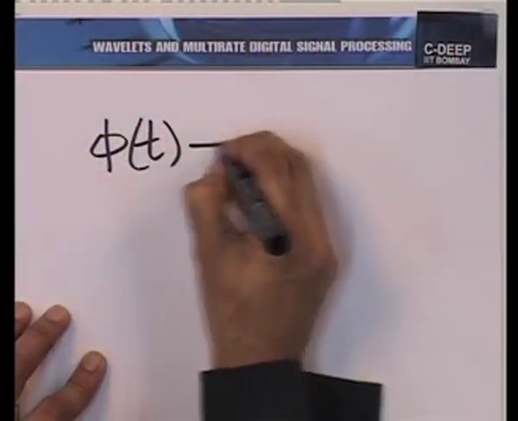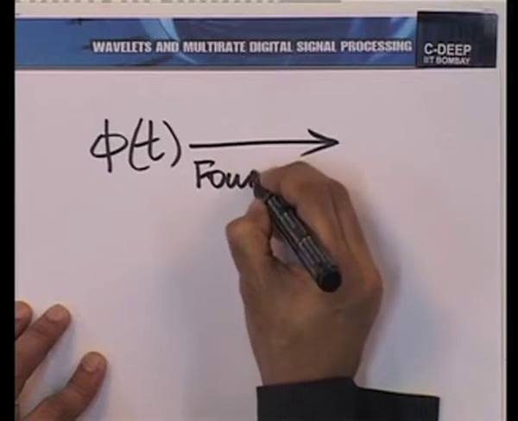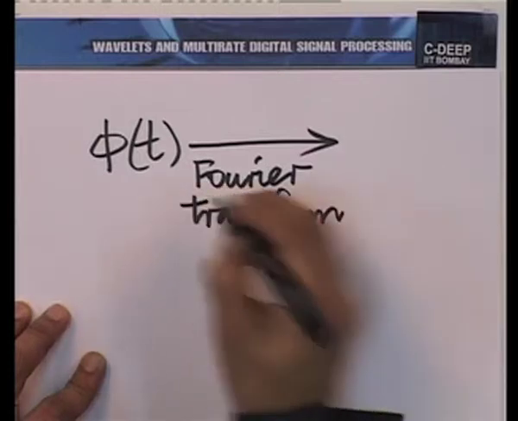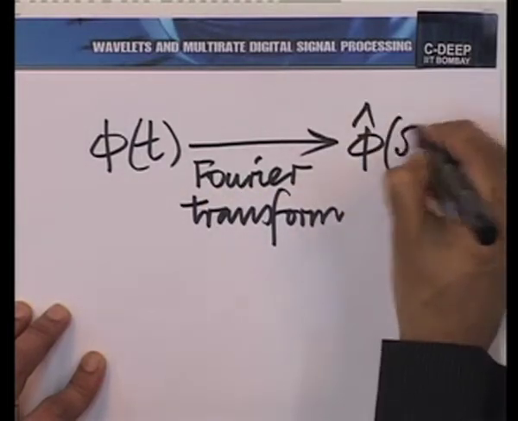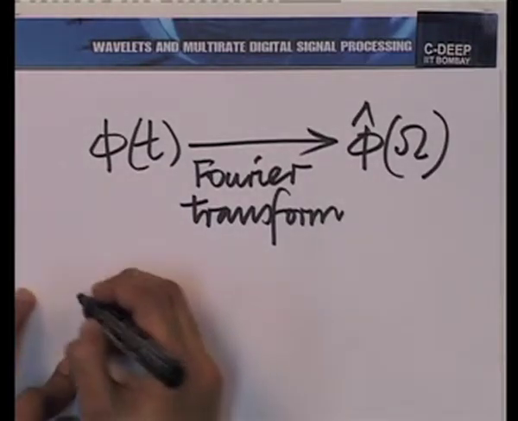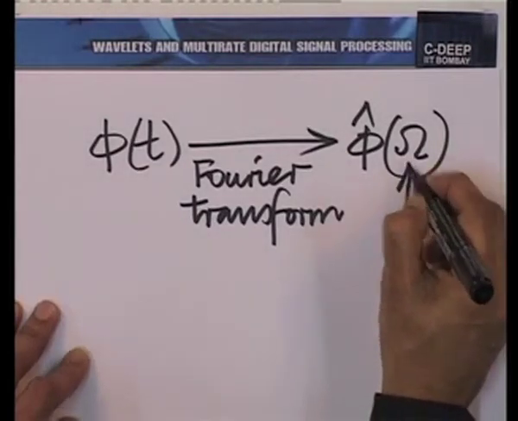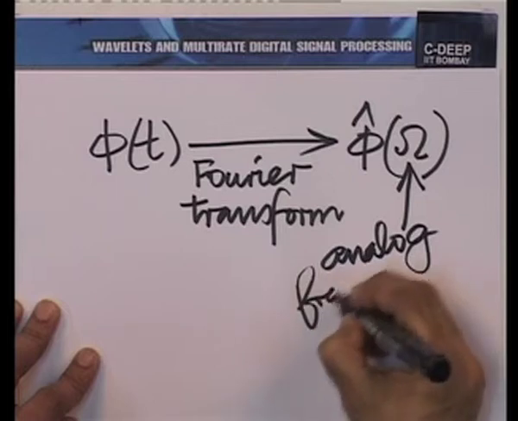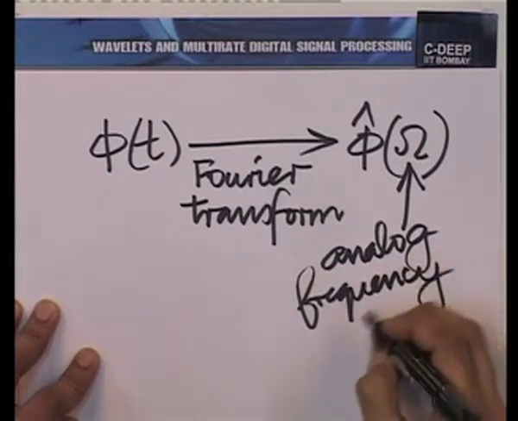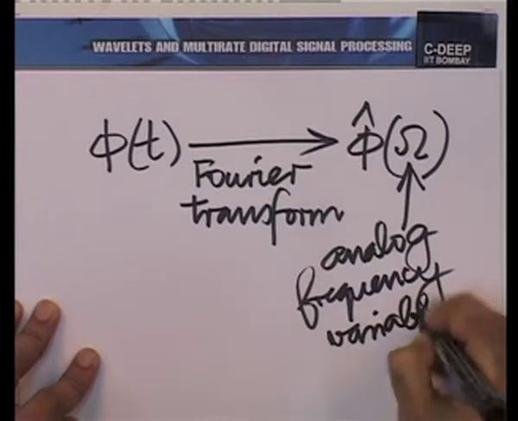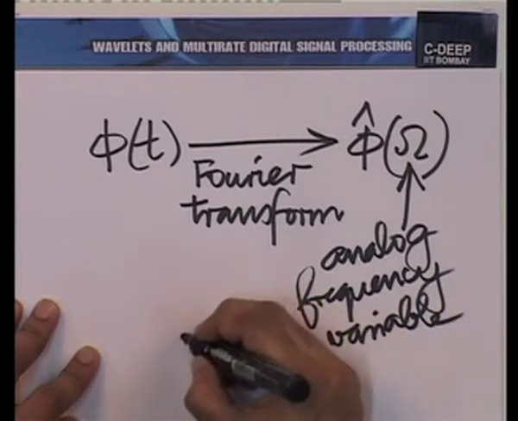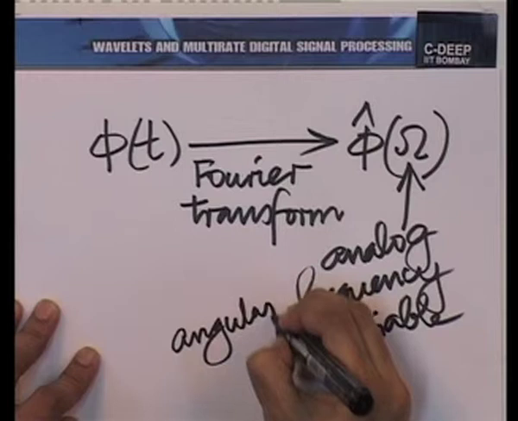Indeed, let us denote the Fourier transform of phi(t) as phi cap(omega). Now, remember, this is the analog frequency variable, or the frequency variable corresponding to the continuous time context. So, I should say analog angular frequency variable, to be very precise.